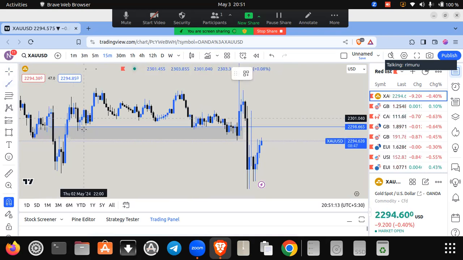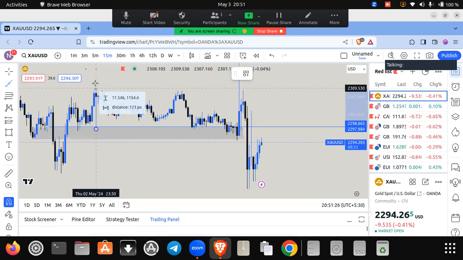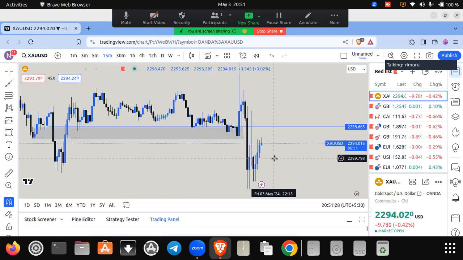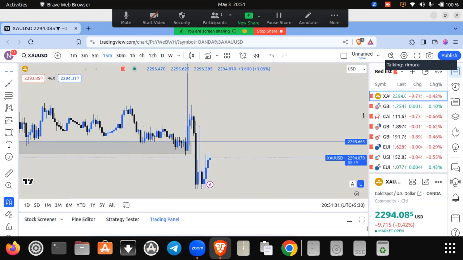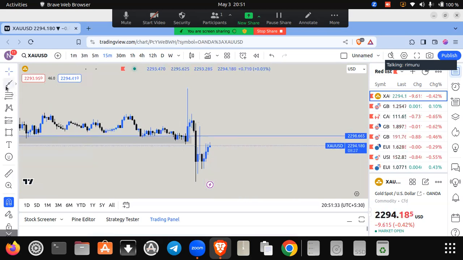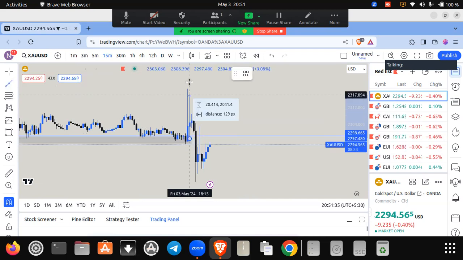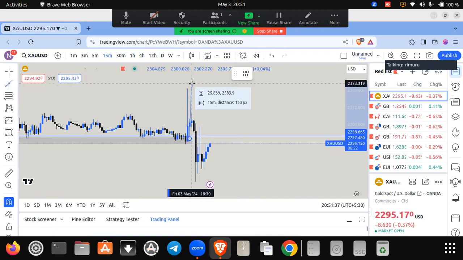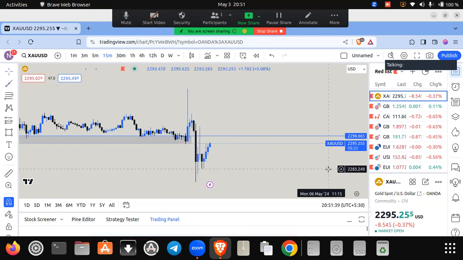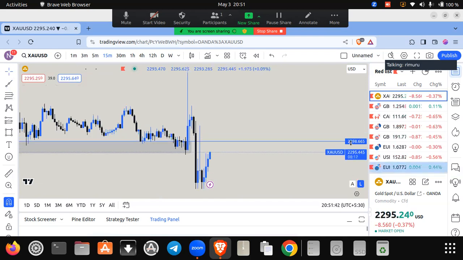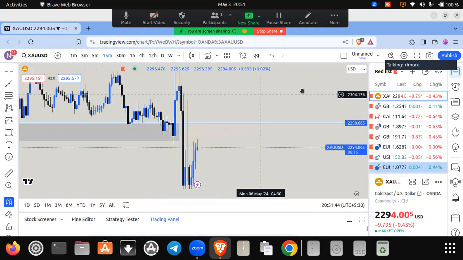From here to 100 pips. And once again, from here, it gave us more than 250 pips. So this is how you mark hidden engulfing buy and hidden engulfing sell.